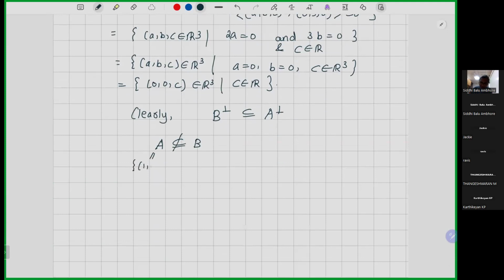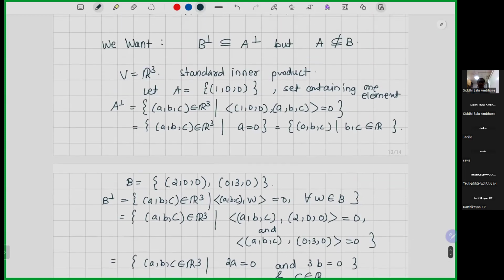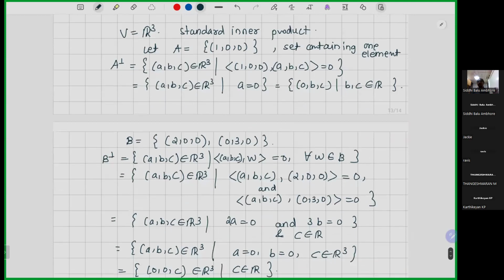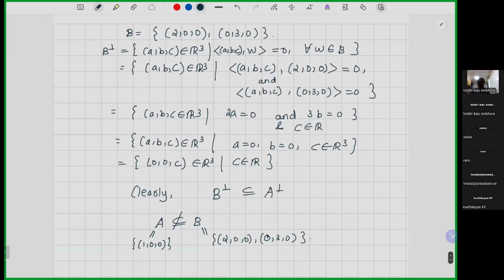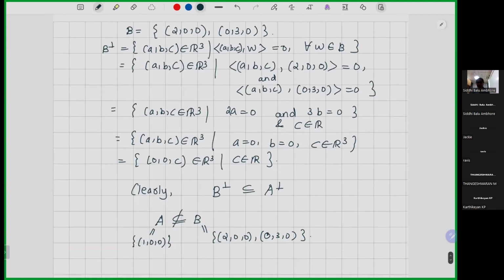This set (1, 0, 0), and B is what? (0, 2, 0) and (0, 3, 0). I mean, none of them is contained in the other. They are completely disjoint sets. But their orthogonal complements are contained in one another. Or the orthogonal complement of B is contained in the orthogonal complement of A.